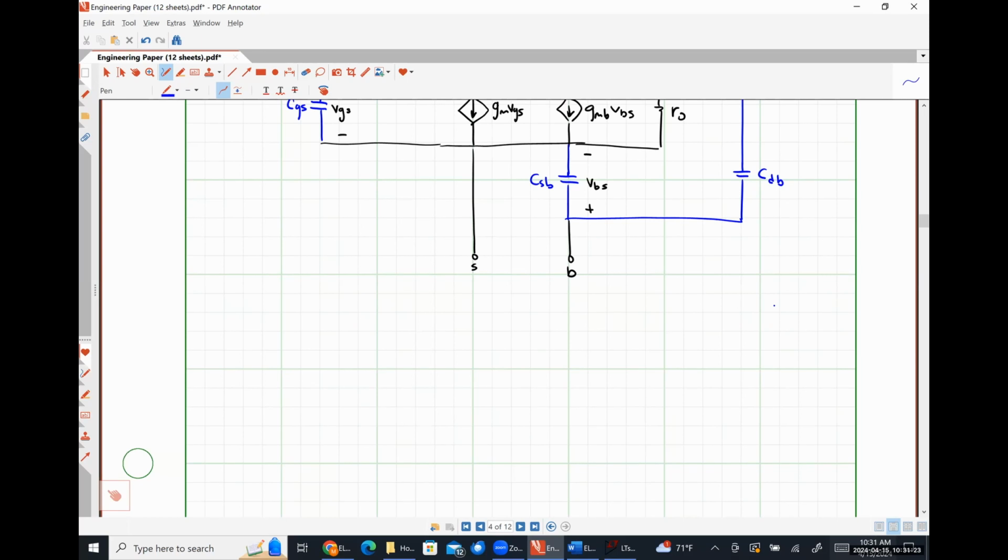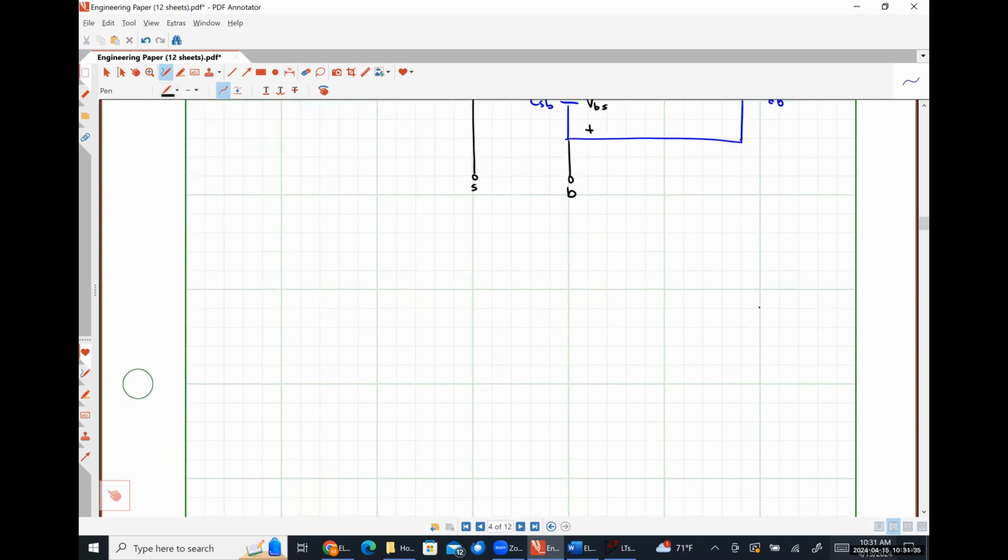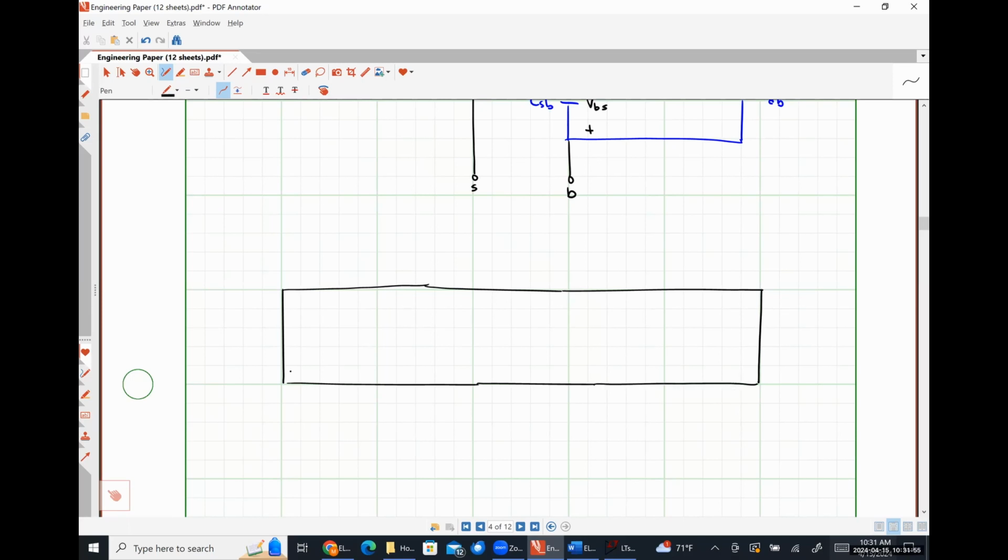So to understand where these guys come from, we are going to look at a cross section of a MOSFET during saturation operation. So bear with me a moment while I draw a giant picture. So here is our P-type substrate.